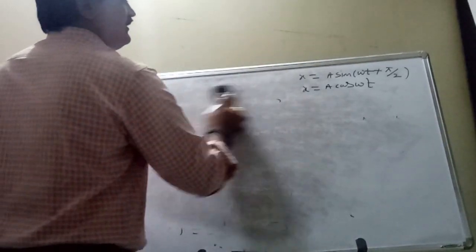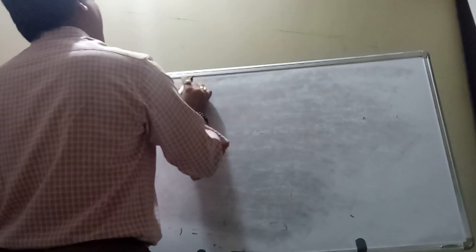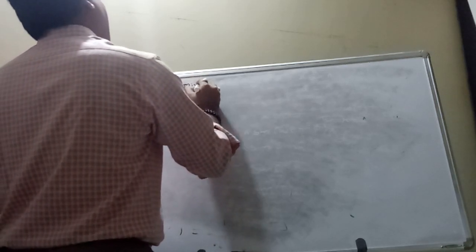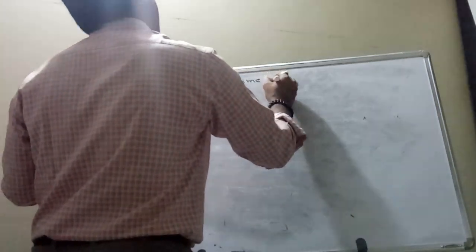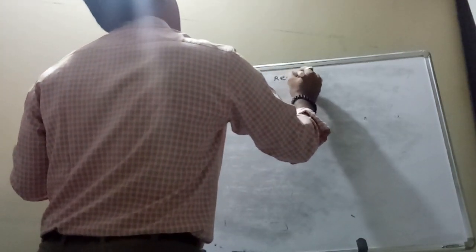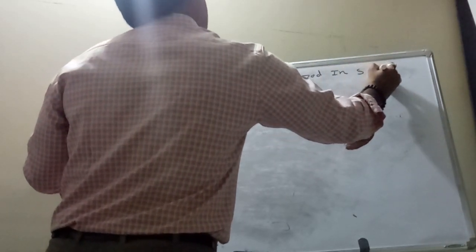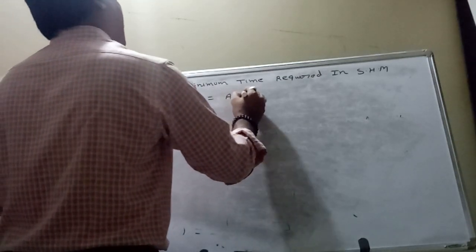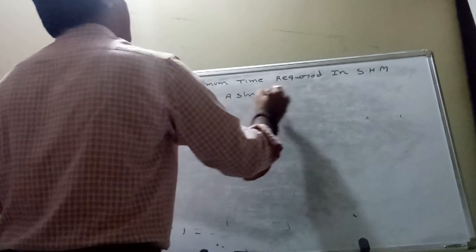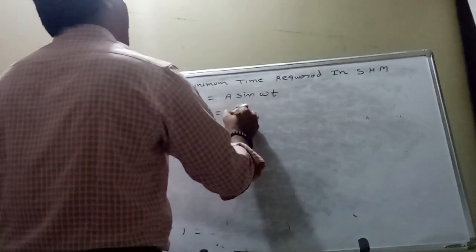Minimum time required in SHM for a given displacement. Here x is equal to a sin omega t. So x by a is equal to sin omega t.